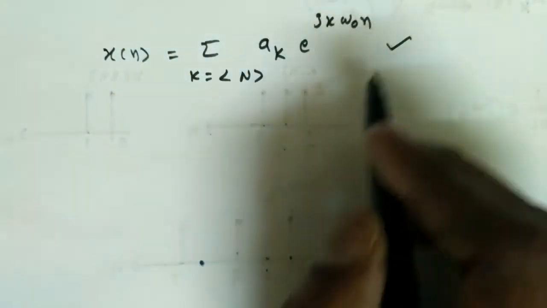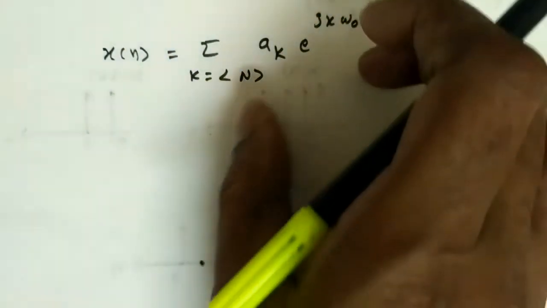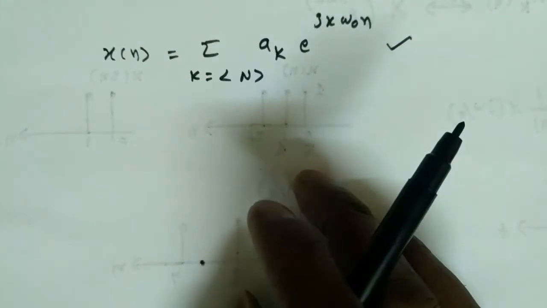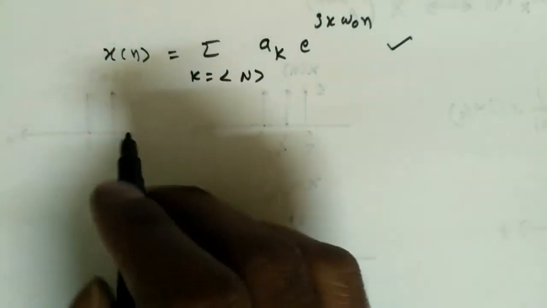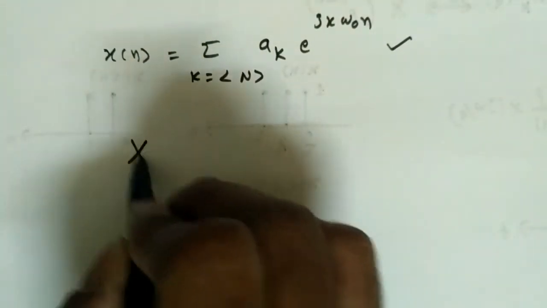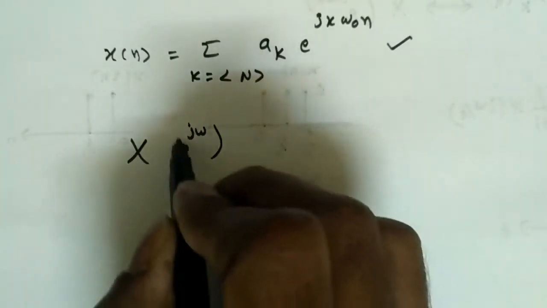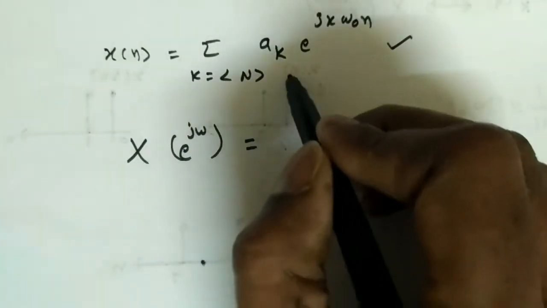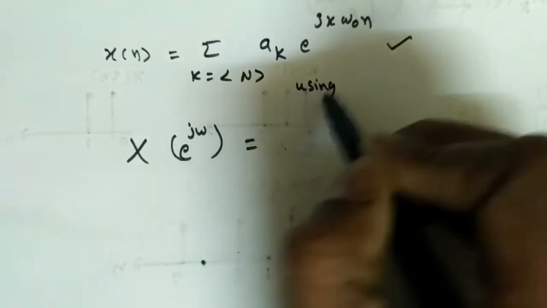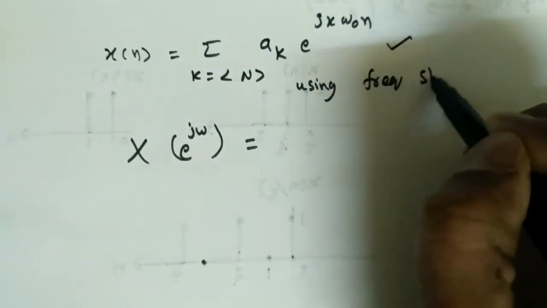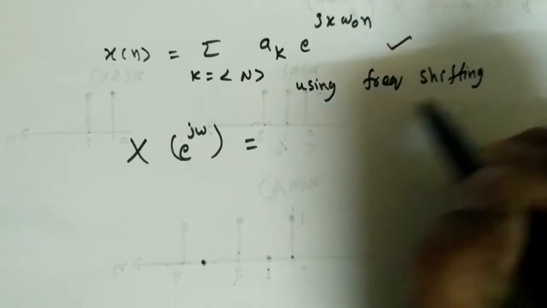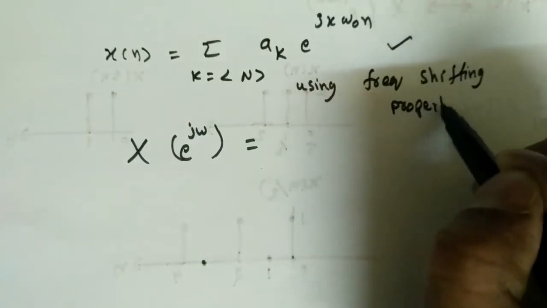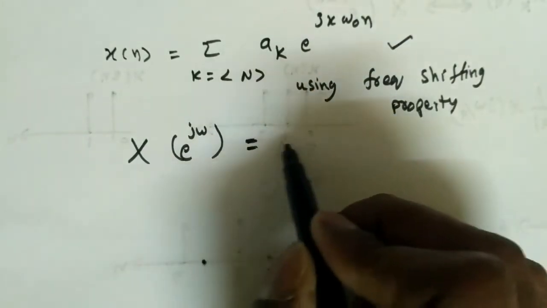We have just seen the frequency shifting property, so we will apply that property. Using the frequency shifting property, what will this Fourier transform become?